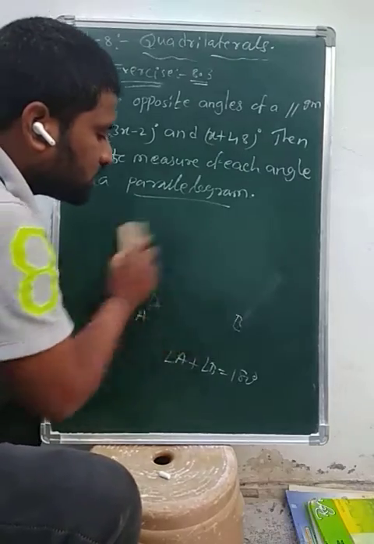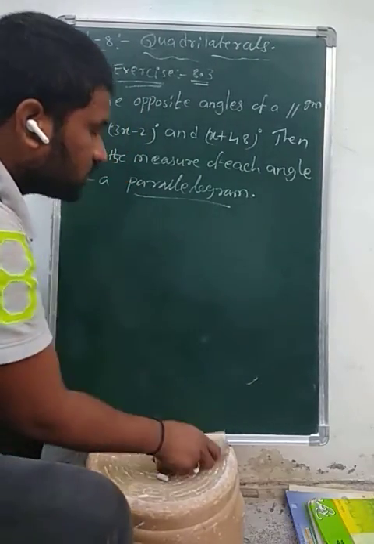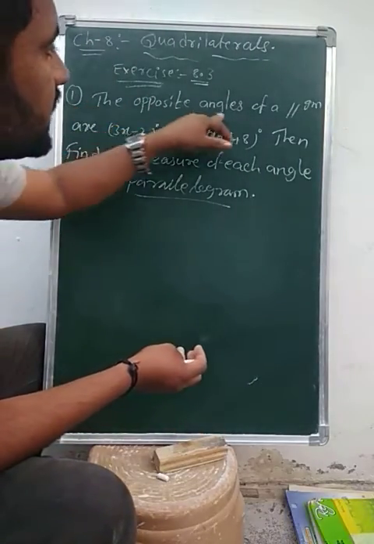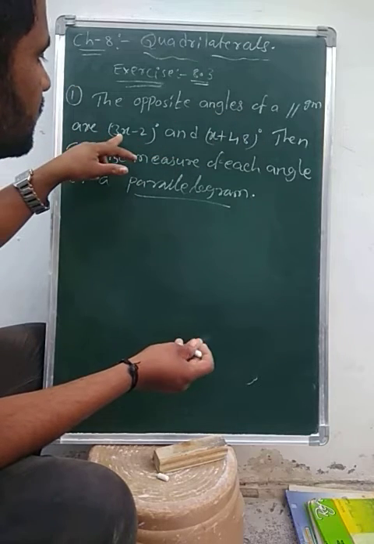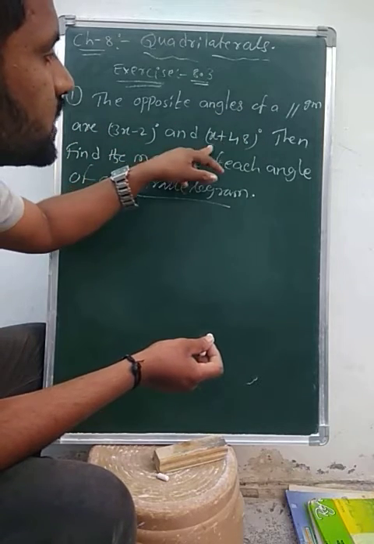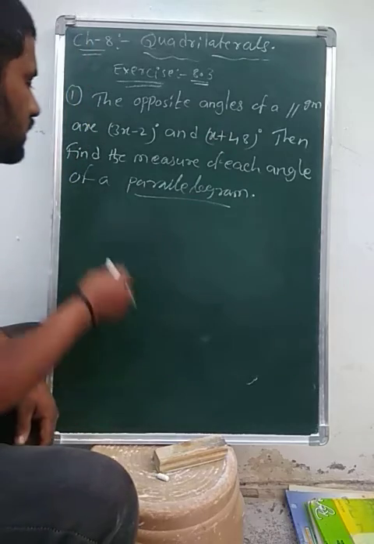Now coming to our question, the opposite angles of a parallelogram are given as 3x minus 2 degrees and x plus 48 degrees. Is it clear?